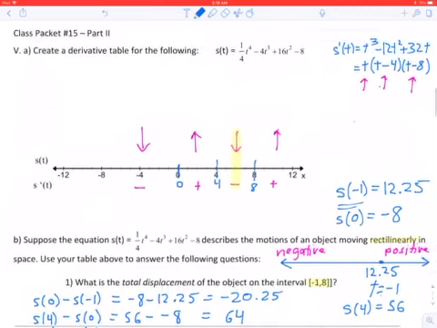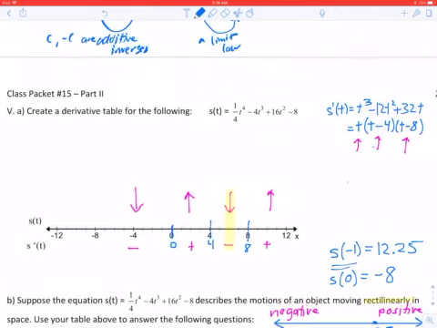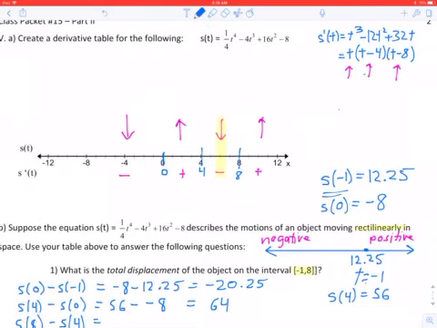If you plug in 8, 1/4 times 8 to the 4th, 8 to the 3rd would be 512, times 2 would be 1024, minus 4 times 8 cubed plus 16t squared. Take a moment now to calculate that.